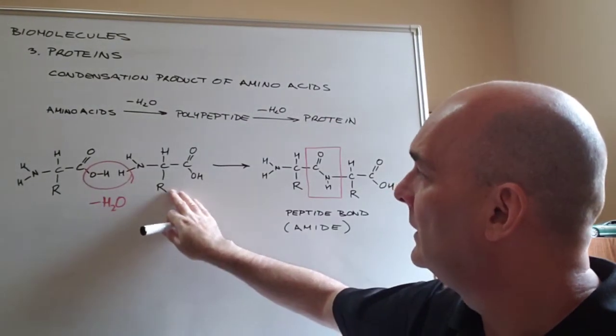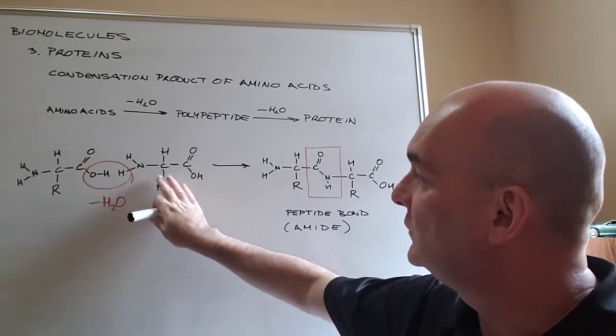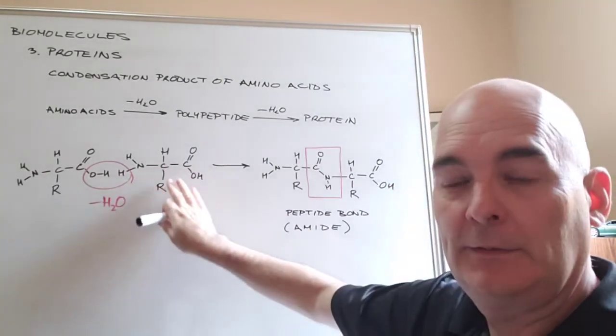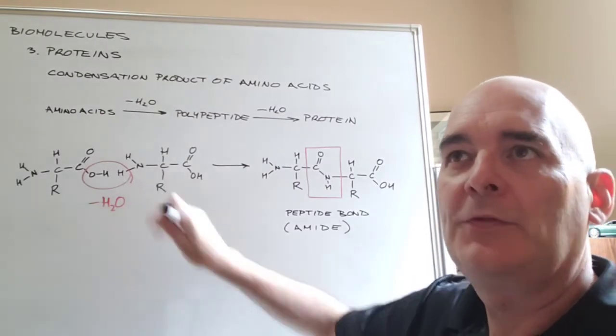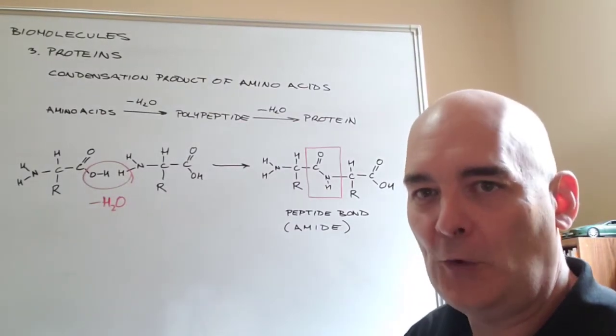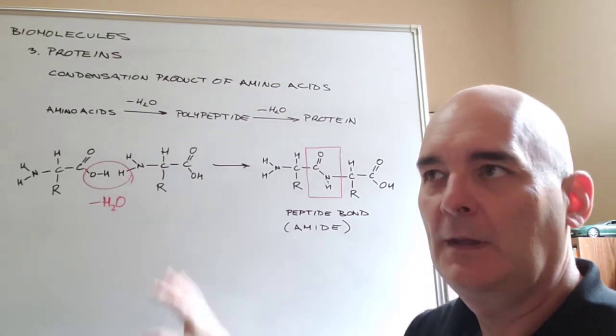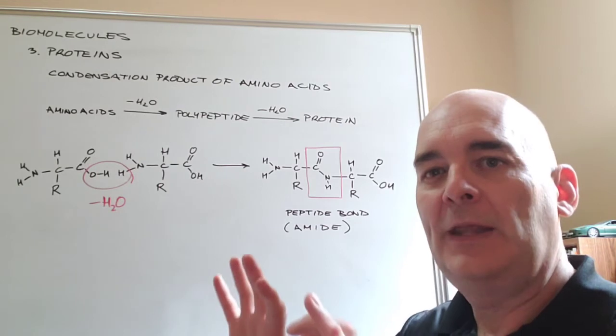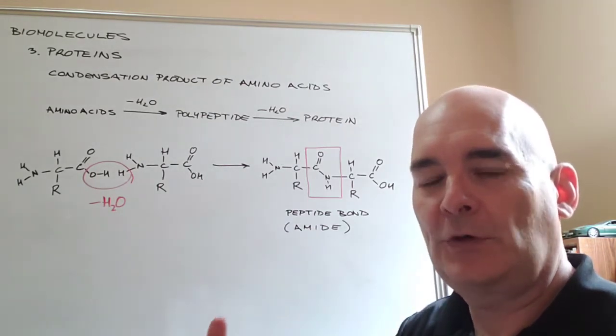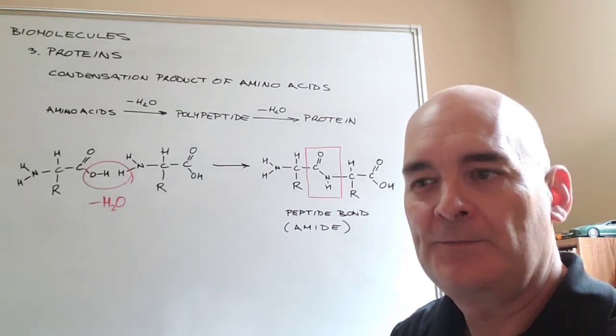If we have just non-polar groups here, just regular carbon substituents, then I build a hydrophobic environment, one that doesn't like water, is non-polar, and then the molecule folds around on itself.